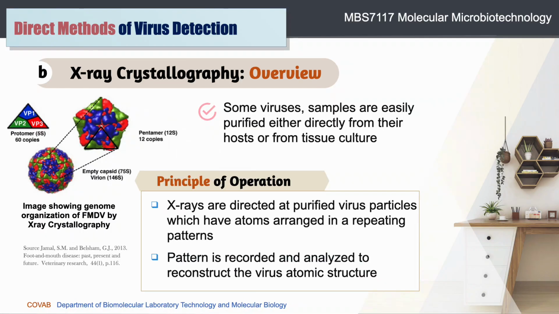The principle of operation is that X-rays are directed at purified virus particles which have atoms arranged in repeating patterns. These repeating patterns are recorded and analyzed to reconstruct the virus atomic structure, just as we see in this diagram, which is from the foot and mouth disease virus.